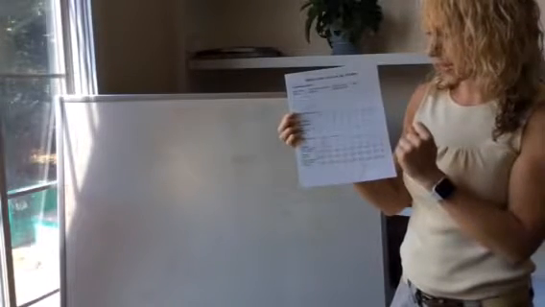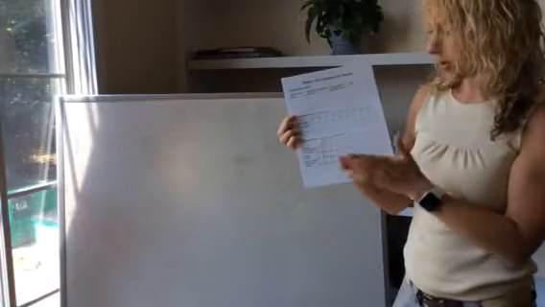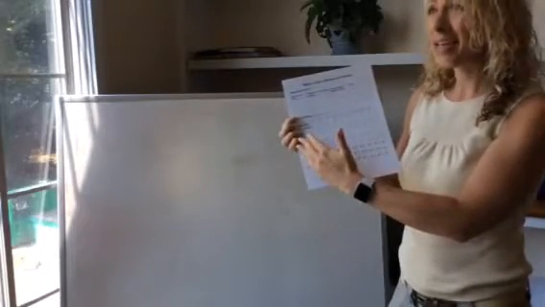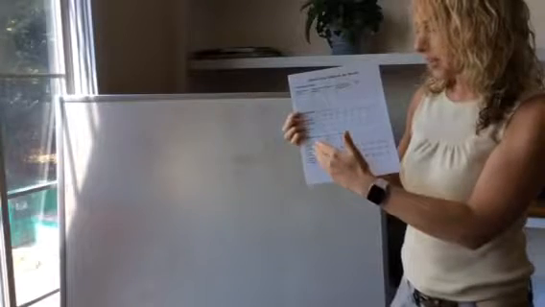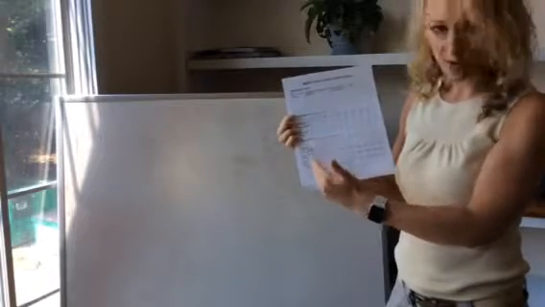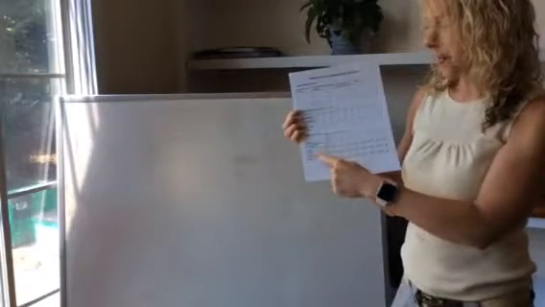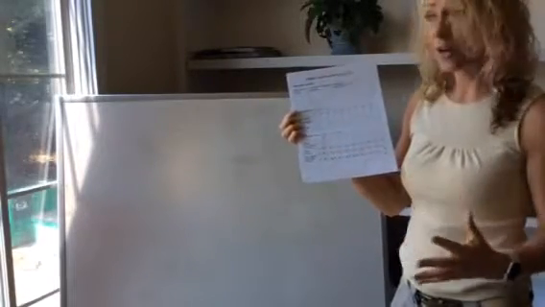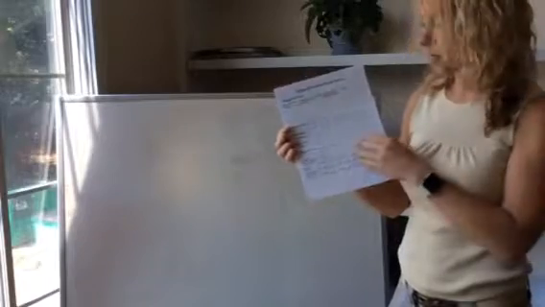So that's frequency data. Then you could also measure according to time. So in each half-hour interval, how many times are they requesting something? Or how much time are they able to stay on task? Are they staying on task for that entire 15-minute interval or not?